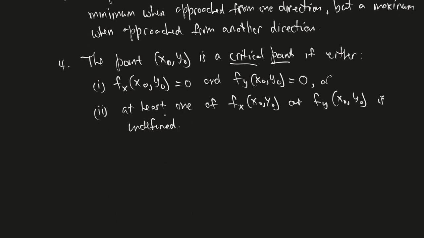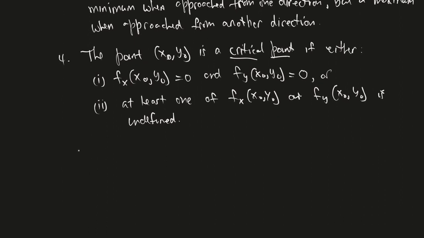So I'm going to define yet another thing. This is called the Hessian. It's an uppercase H, named after a mathematician whose last name was Hess.